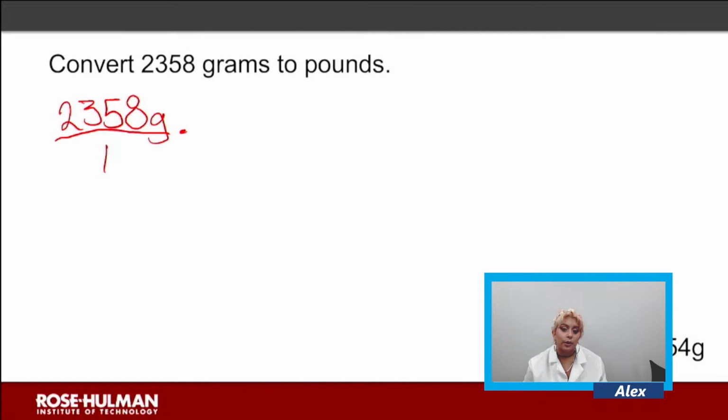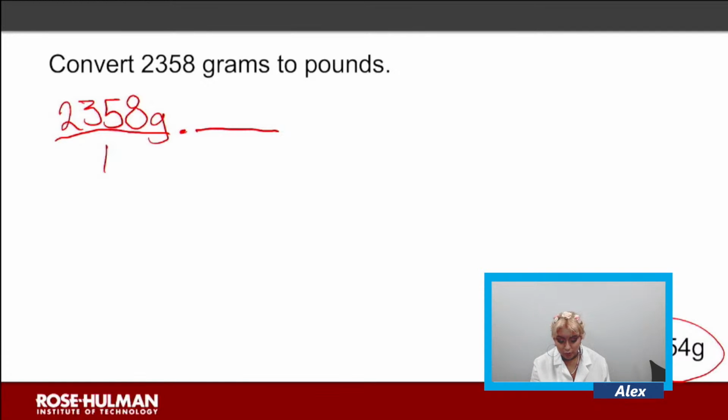And in order to change this to pounds, you have to multiply it by an equivalent fraction that gets you to the unit that you want. So the conversion for 1 pound to grams is right down here. We have it as 1 pound equals 454 grams.